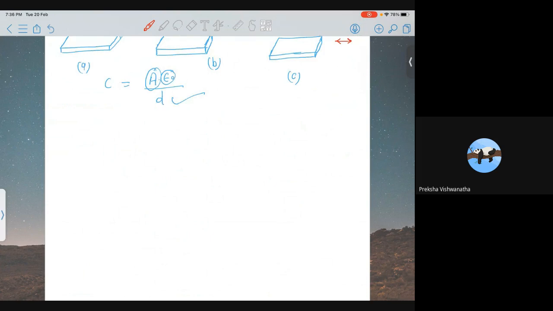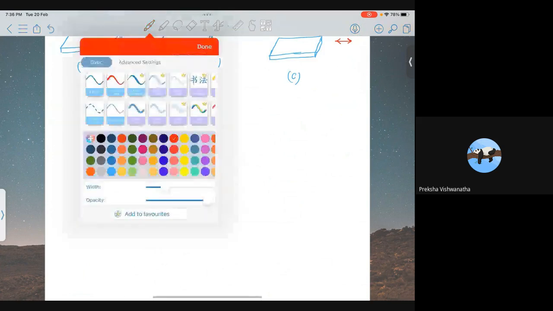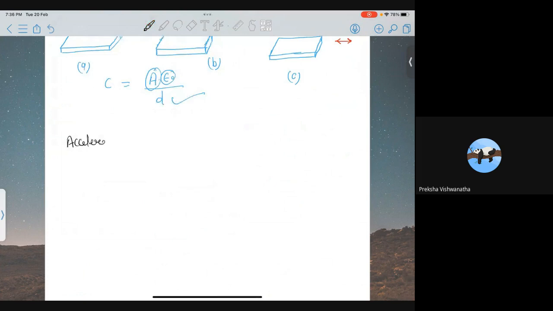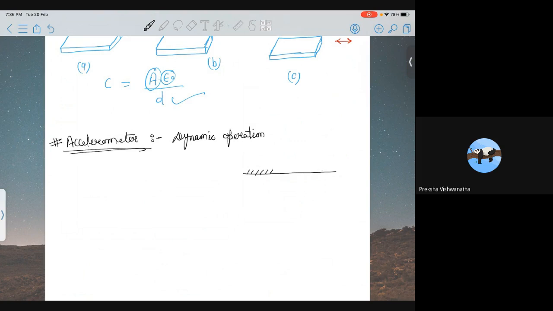So this is accelerometer. Okay, and we'll see the dynamic operation. So let's say this is a simple mechanical system. This is spring. This is one damper.